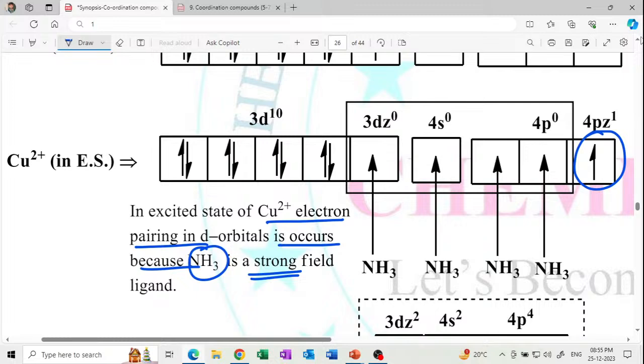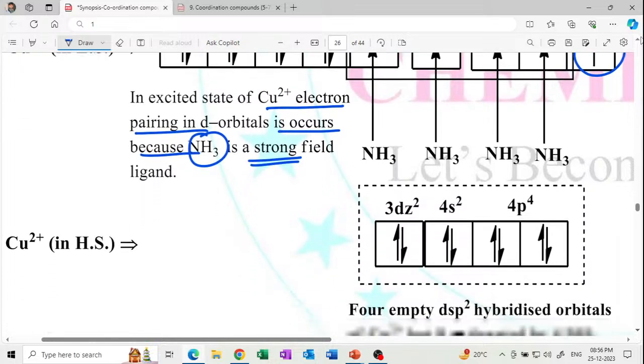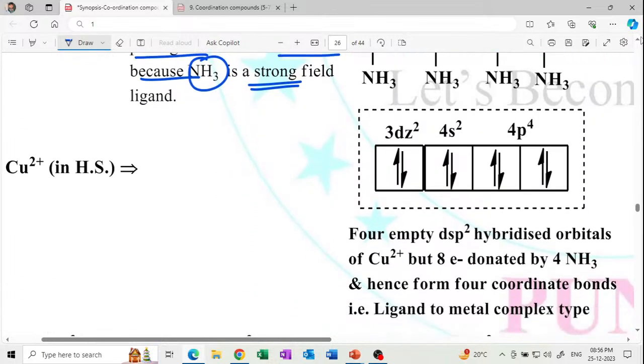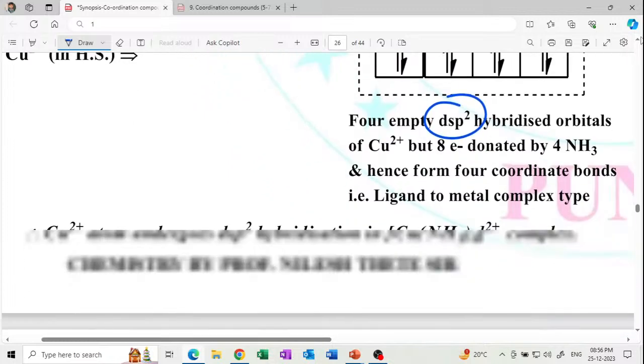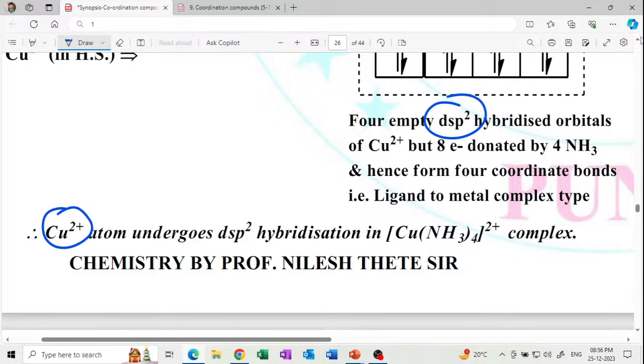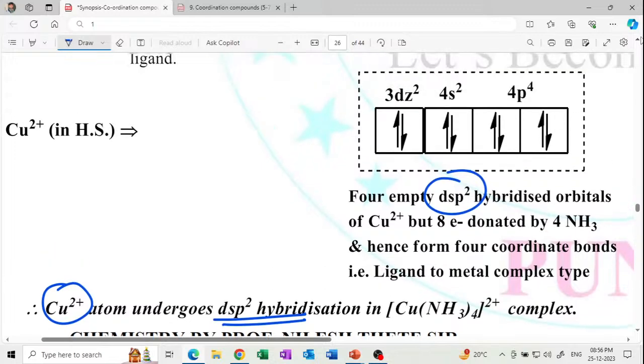The 4 ligands donate electrons into the empty orbitals. So this is dsp2 type of hybridization. Cu2+ undergoes dsp2 hybridization.